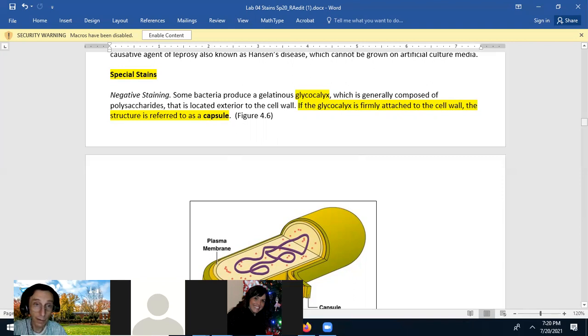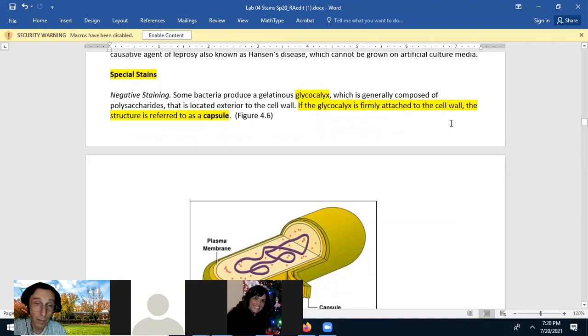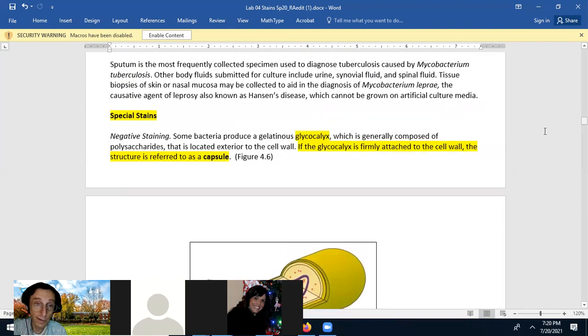Like we can use a negative stain to stain the glycocalyx. And usually what we're looking for is the capsule, because the slime layer cannot be seen under the light microscope, even with the stain. You can't see the slime layer, but we can see a capsule when we use a special stain.